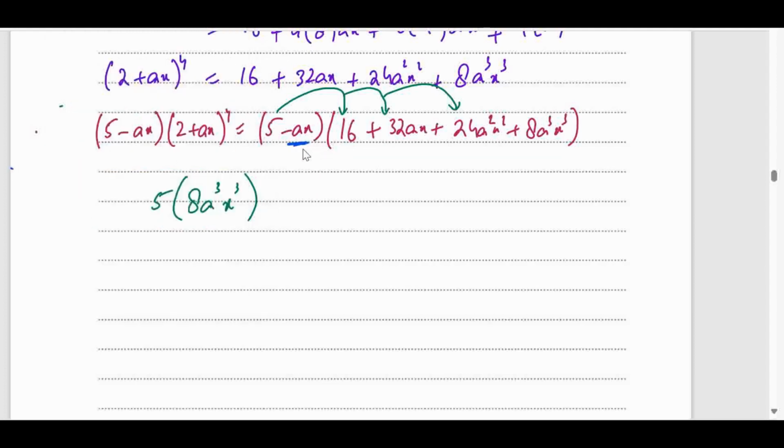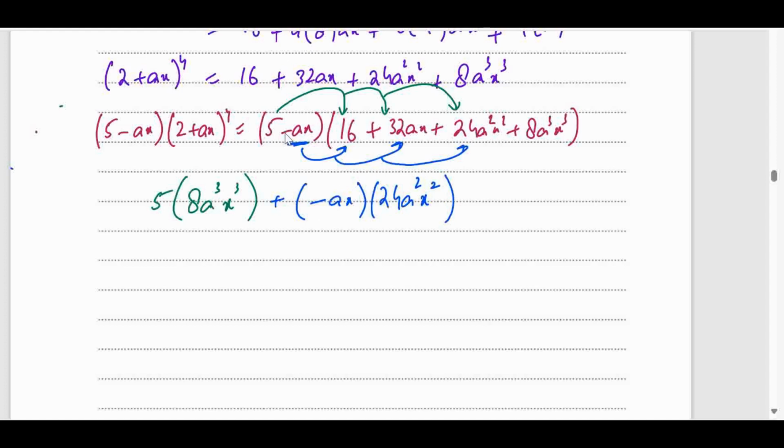Similarly, if we multiply negative ax with 16 or 32ax, it won't give us x cube. But if we multiply negative ax with 24 a square x square, it will give us x cube. So we will not multiply the other terms.